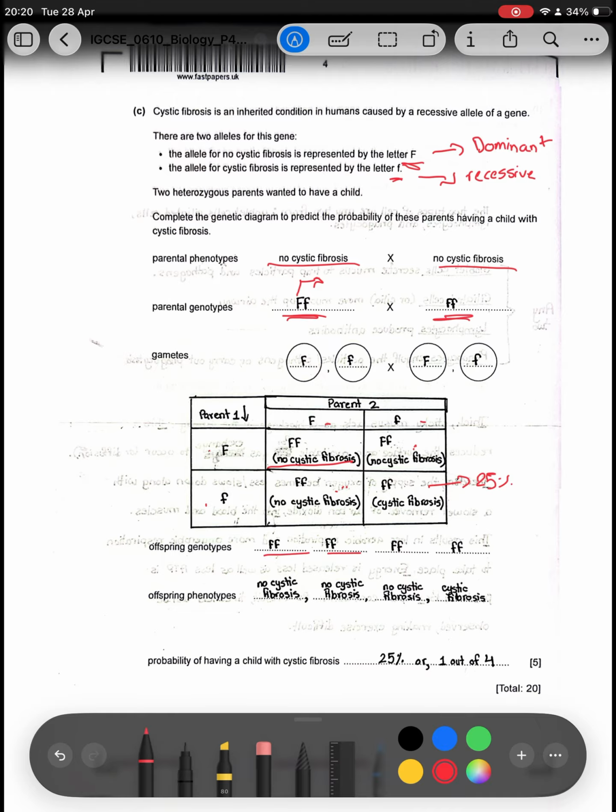So these are the possible genotypes. These are all 25% chance, but since these are the same, this makes it 50%.